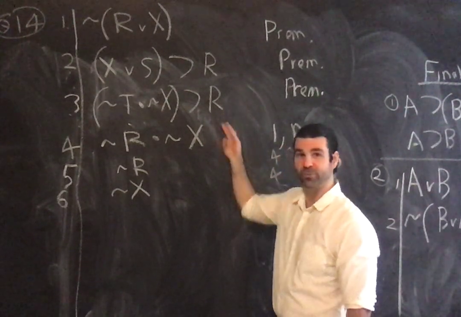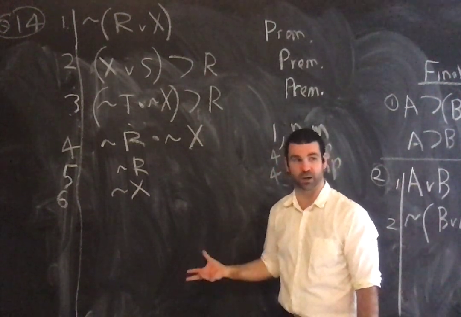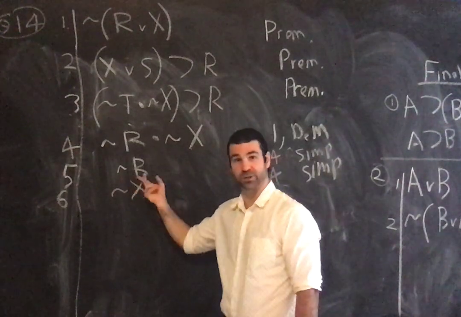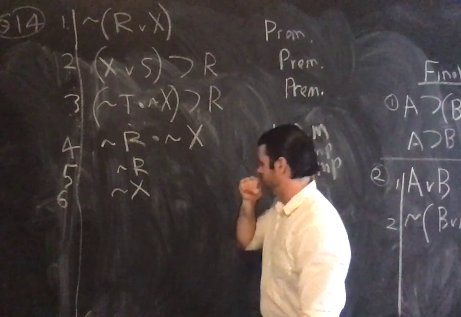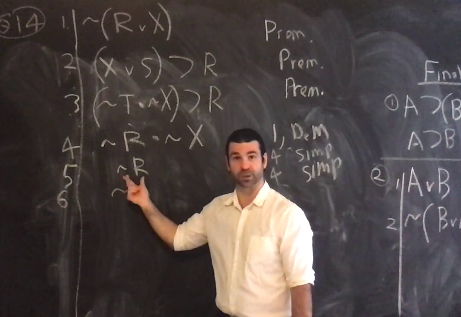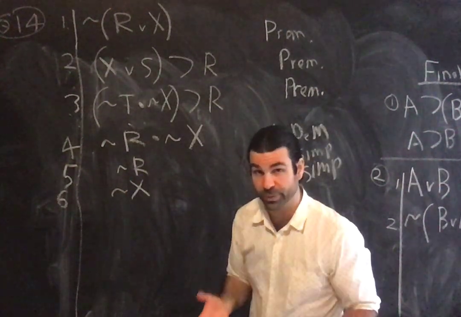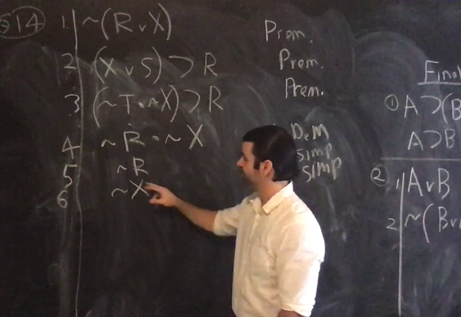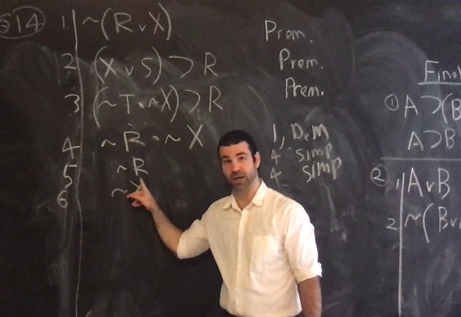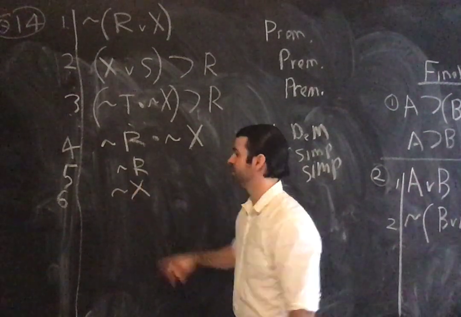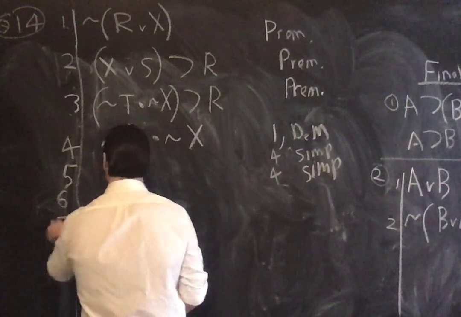Both 2 and 3 have the consequent R. So you've got the negation of both of these conditionals in this formula. So don't be afraid, don't think it's not allowed or anything like that, to apply modus tollens twice, appealing to 5 in each case. You can do this.